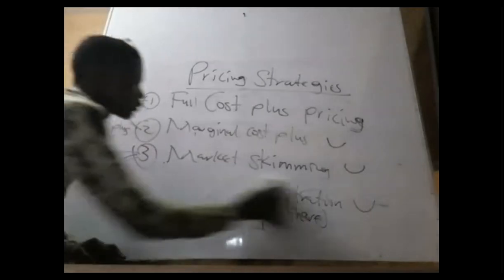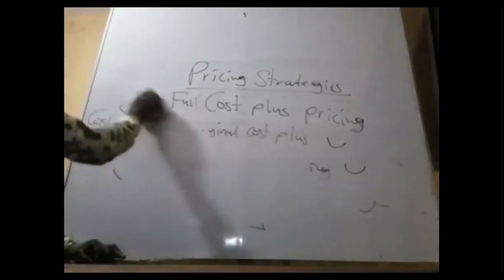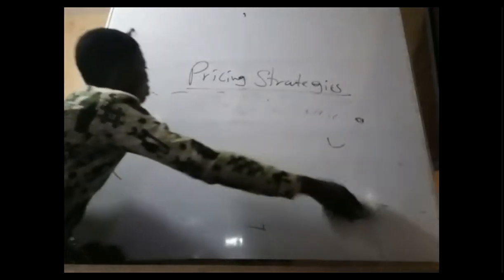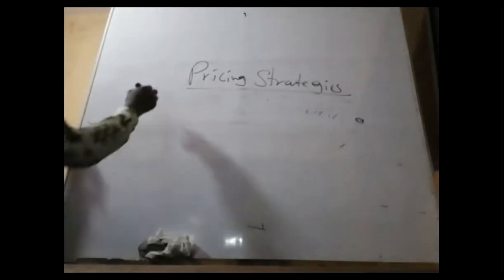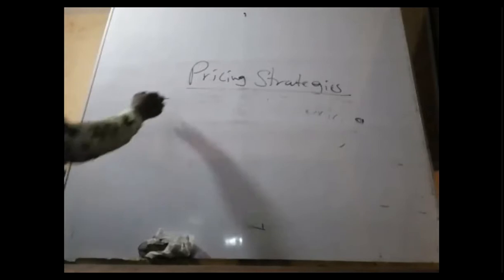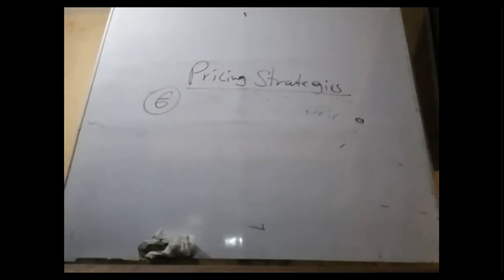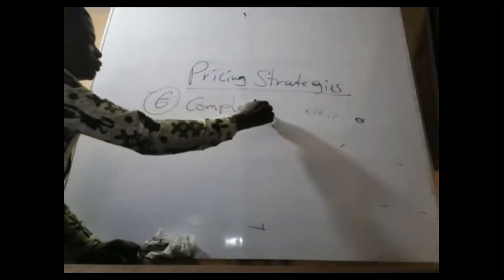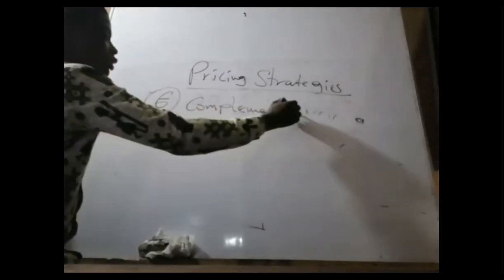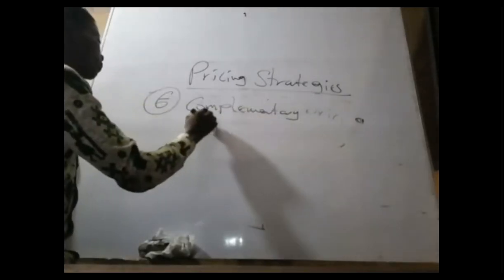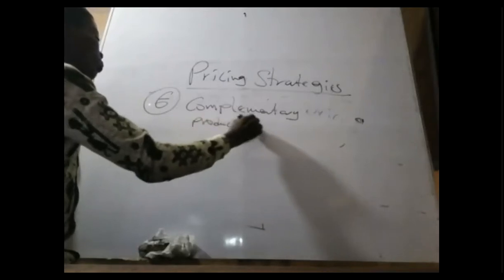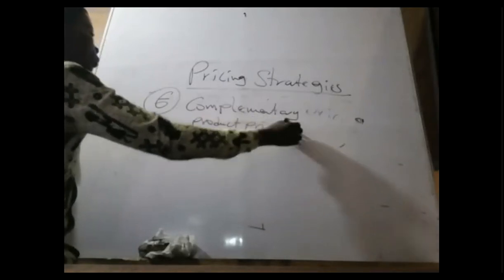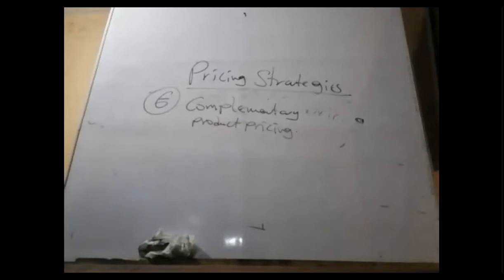We are number 6, right? Complementary product pricing.